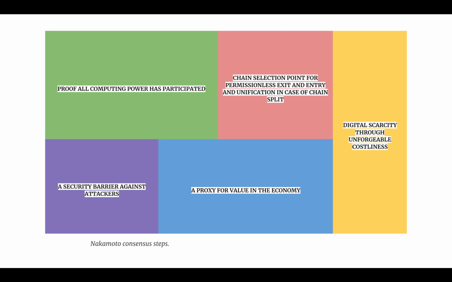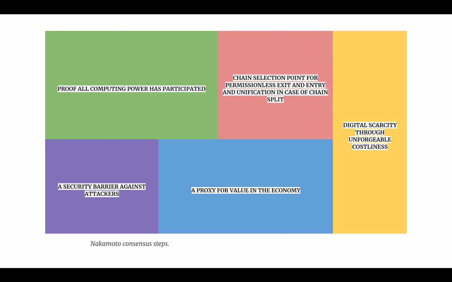This costliness guarantees that it is not easy for others to forge or create large copies of the currency, thus diluting its value. In other words, as proof of work is very expensive because it requires large amounts of computation, thus energy spending, it enables digital scarcity through the sheer cost and work that it requires, hence unforgeable costliness.